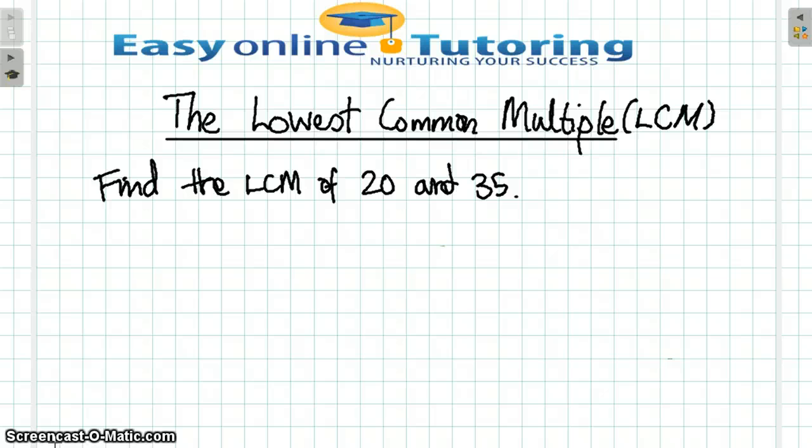Here we are asked to find the LCM of 20 and 35. So we take the number 20 and we factorize it into its prime factors.